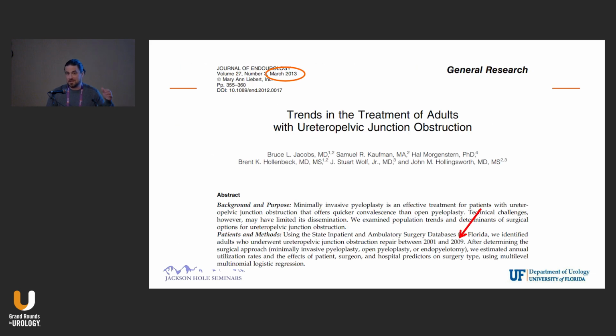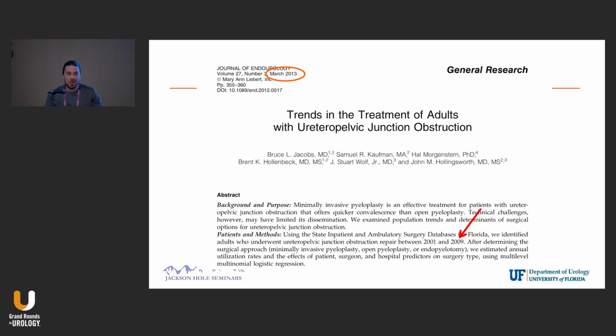So why not open? I've had this in my talk for a number of years when I give the UPJ obstruction lecture to my residents. This paper was published in March of 2013 about the trends in UPJ obstruction. And the last time I gave this talk, I was surprised. This only goes to 2009.